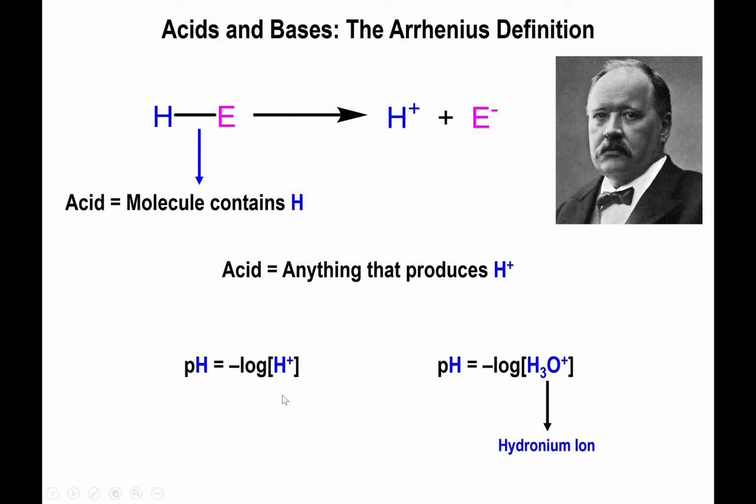One last thing to be said is that H plus in water ends up forming a hydronium ion, H3O plus. So you might see me refer to H plus as H3O plus or H3O plus as H plus. They're the same thing. So just be aware of that.